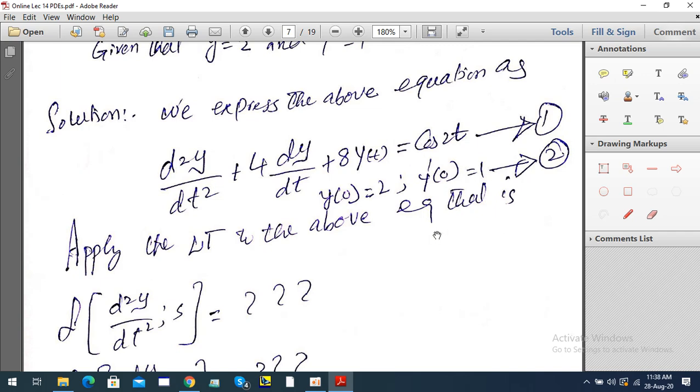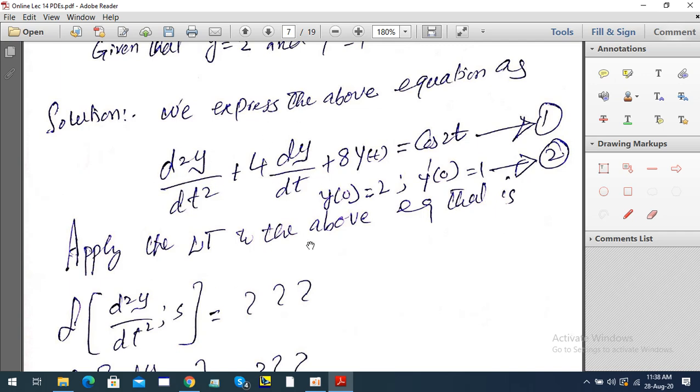In the previous lectures, I didn't explain how to apply the Laplace transform on the derivative. I realized that first I have to explain what will be the Laplace of the derivative.